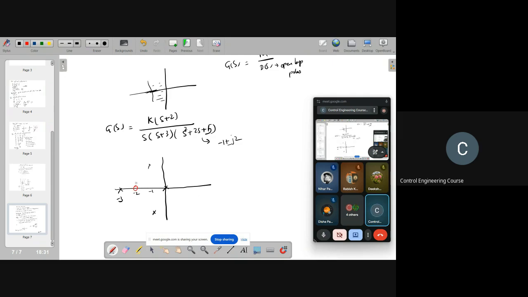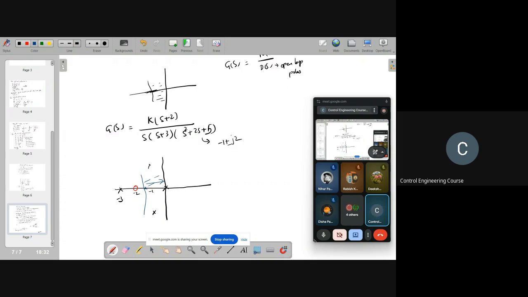So to find the existence of the root locus on the real axis, we take some test point on the real axis. Let's say, for example, here. If the sum of poles and zeros to the right of this point is odd, then there exists a root locus on the real axis up to that point.